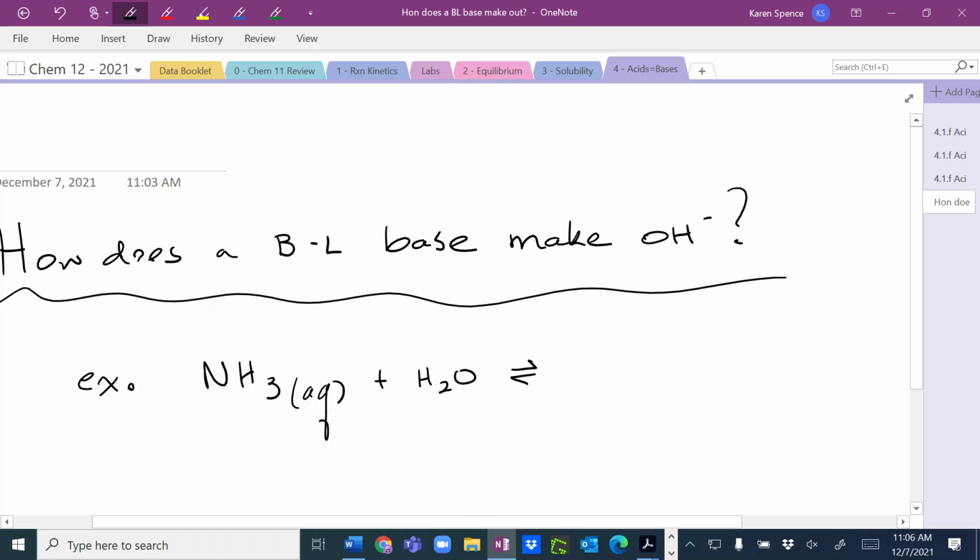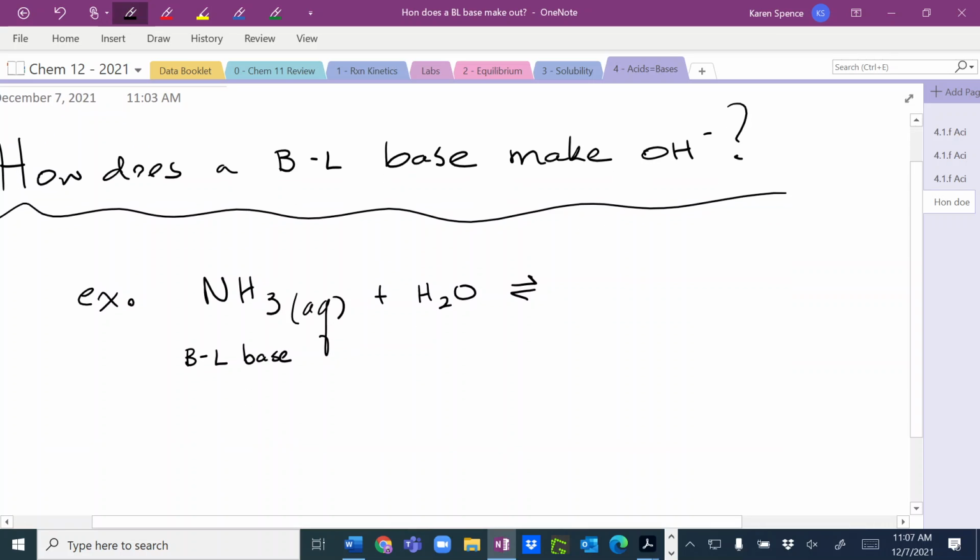And if NH3 acts as a Bronsted-Lowry base, what does that mean that water will be acting as? What is a Bronsted-Lowry base? It is a proton acceptor. Which means, what's a proton?